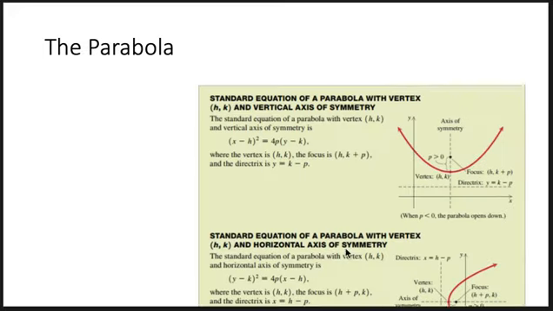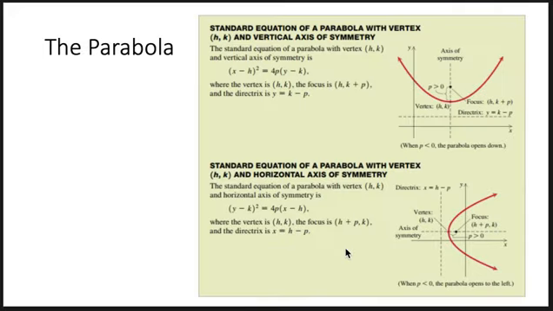What we're going to be doing in this screencast is focusing on parabolas where the vertex is not the origin. So the vertex could be anywhere on our x and y coordinate system. When the vertex is shifted left or right, remember, that's changing the x value.